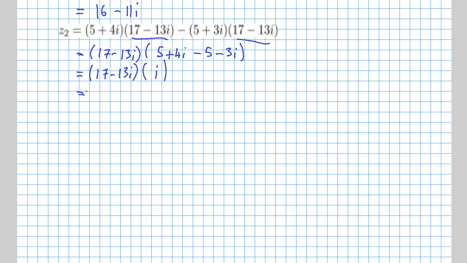So now we got 17 times i makes 17i. And then minus 13i times i will be minus 13i squared. And just as before, we have to make sure that the i squared becomes a minus 1. So the result of that is just going to be a plus 13. I'm going to put that at the front because that's the typical way you do it. And then you add on the 17i as well.